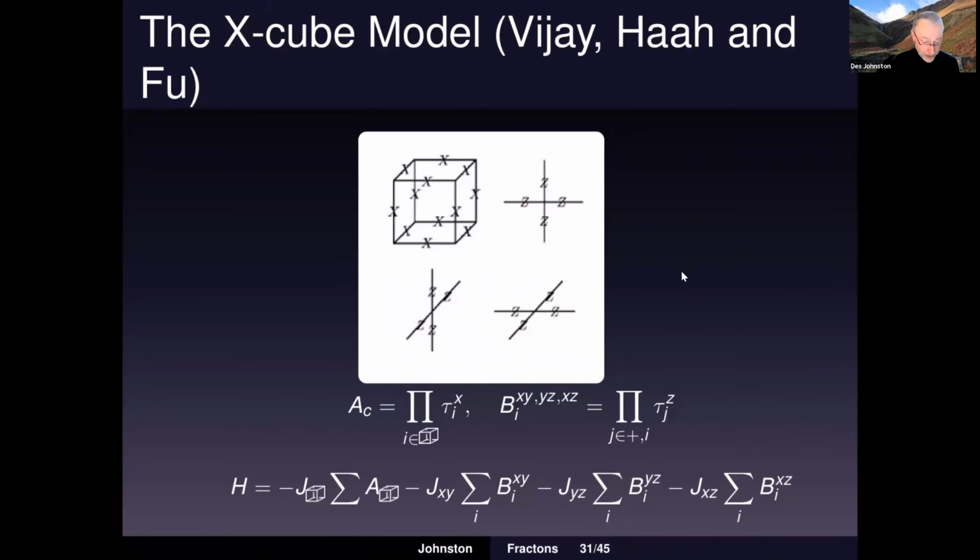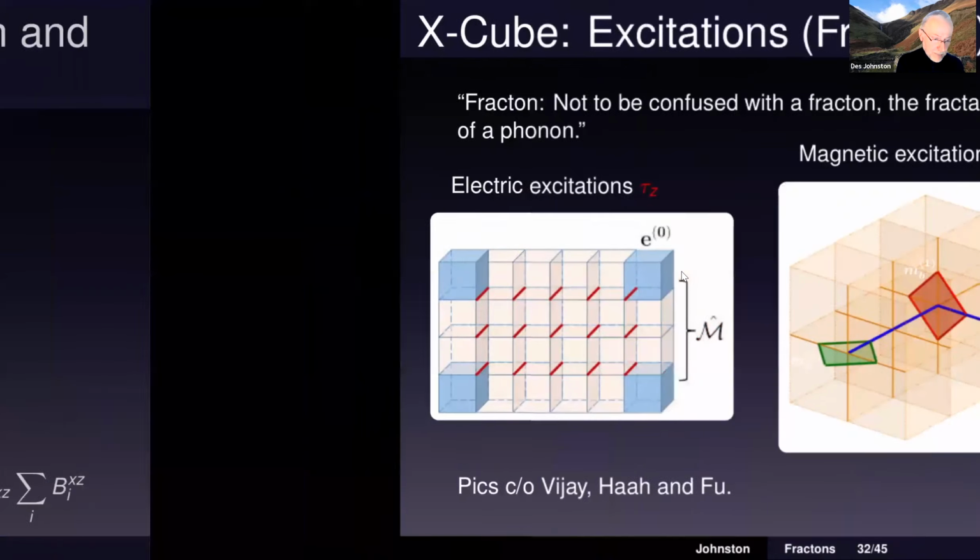And the Hamiltonian for this beastie is given by this expression at the bottom here. So the A is the cube term here. And then each of these terms are denoted by a B, like this. So again, this could spring fully formed from somebody's imagination. It was Vijay, Haah and Fu in this case, who came up with this strange looking thing. Or you could find it hiding somewhere more familiar.